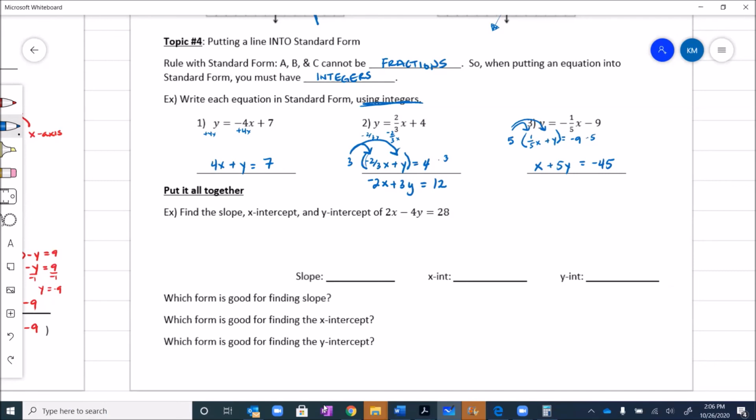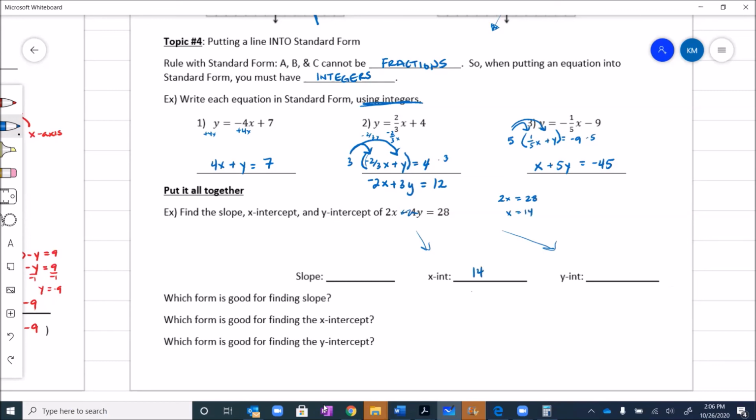Standard form using integers. All right, now it says find the slope, x-intercept, and y-intercept of 2x minus 4y equals 28. So as we look at this equation as it is now, this equation is set up to find the x and y-intercept pretty easily, okay, because it's in standard form. So I'm going to find the x-intercept, 2x equals 28, divide by 2, x equals 14.